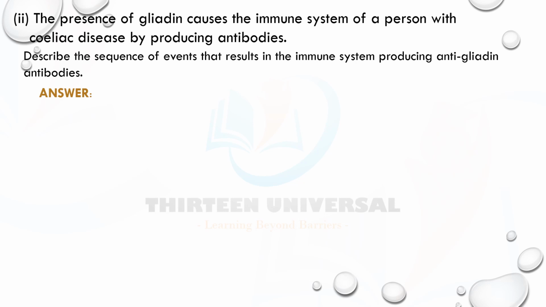I'm tempted to draw this, but I don't want to because of time. But you know it. If this is presented, only a lymphocyte that has a complementary receptor can recognize it. So this is gliadin, maybe being presented by a macrophage here. There are other lymphocytes here, but their receptors are different.